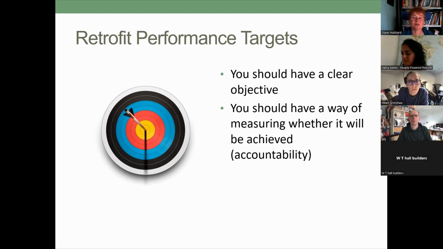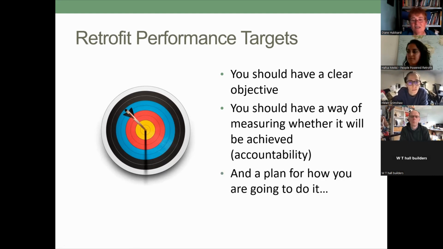They need to know that you've got this clear objective and it's going to be checked. That really helps to focus people's minds on determining whether things are going to be achieved. Because at the end of the day, what we're trying to do is cut energy use and save carbon.